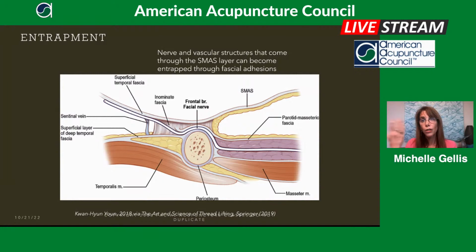So the muscle won't even get the signal that it needs to move because the nerve is trapped. Or it can reduce the ability of the muscle to move well. And it can also restrict blood flow. You can see there's veins that could also get trapped.